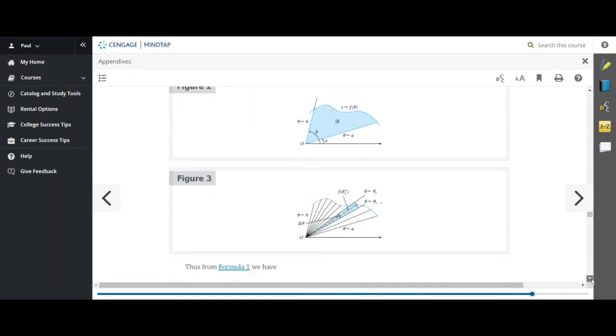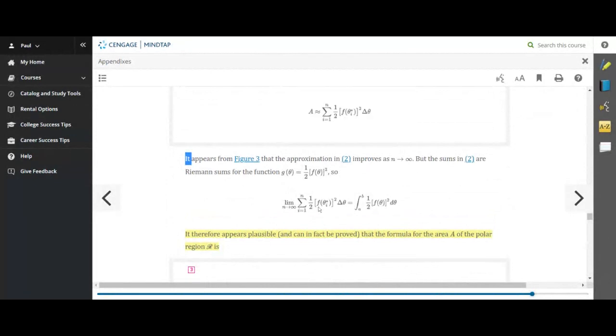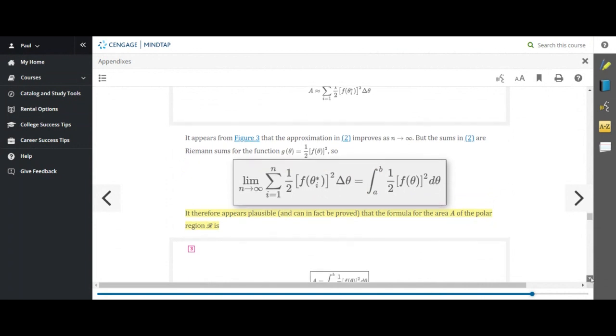Naturally, if we take more and more angles and add up more and more sector areas, if we let n, the number of sectors we're using, go to infinity, it's going to become an integral. That's how we find the area of a polar region.